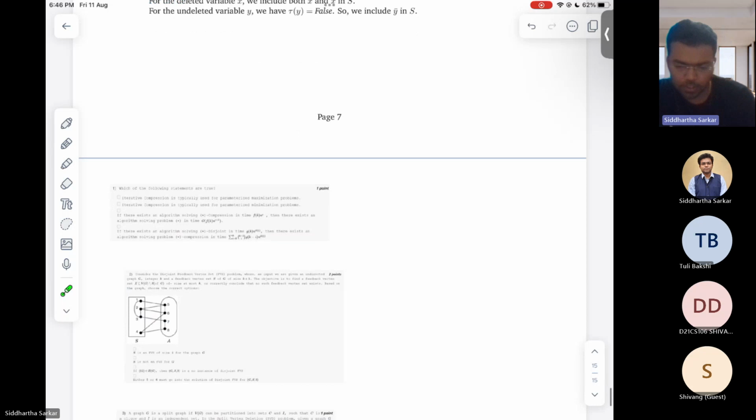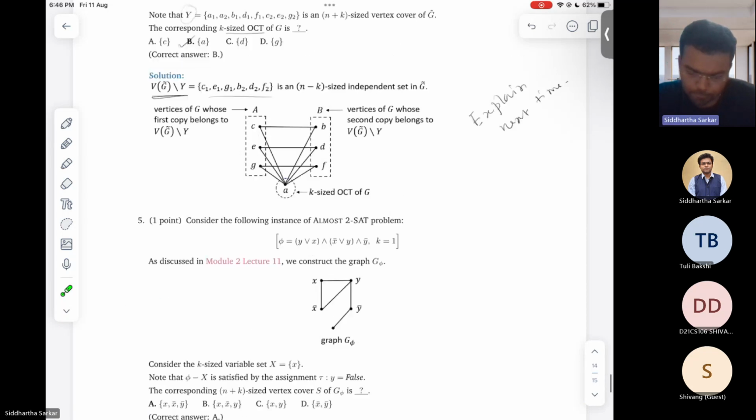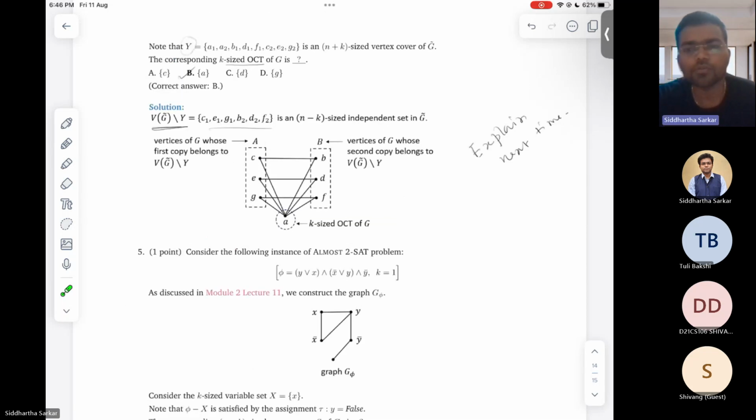Okay, so now, how many of you were able to score full marks in assignment 1 and 2? Is there anybody who scored full marks in assignment 1 and 2? Okay, great.